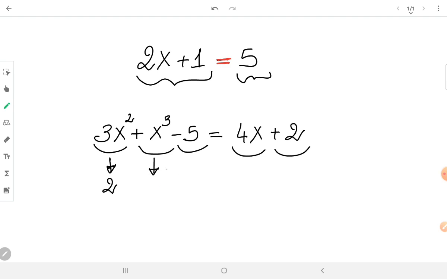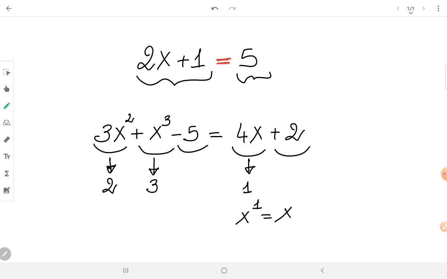The second term appears with the exponent 3. And on the right side, in the second member, the unknown is presented with exponent 1, because x raised to 1 means x without exponent.